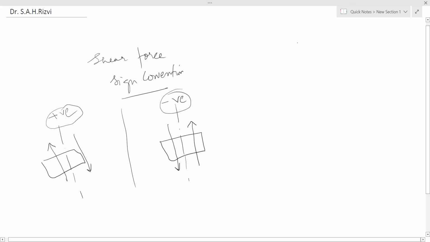Now for bending moment, the beam may have hogging or sagging. That is, the beam will bend like this or the beam will bend like this.